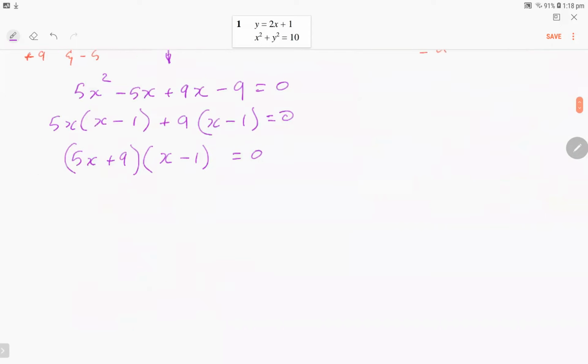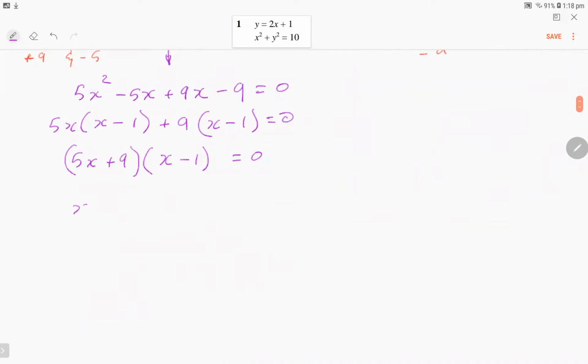So the two x values I'm getting are x equals minus 9 over 5 from this one, and x equals 1 from this one. Everybody can see that? So far so good? Remember now, the line equation is y equals 2x plus 1. I'm not finished as yet.